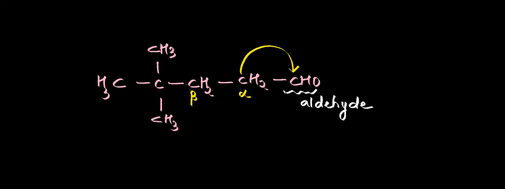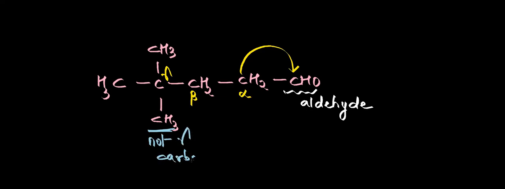Next to it is beta, next to it is gamma. Now can I say this carbon is gamma? No. Why? Because the carbon which is connected directly with beta is your gamma. The carbon below is not directly connected with the beta carbon, so it is not gamma.